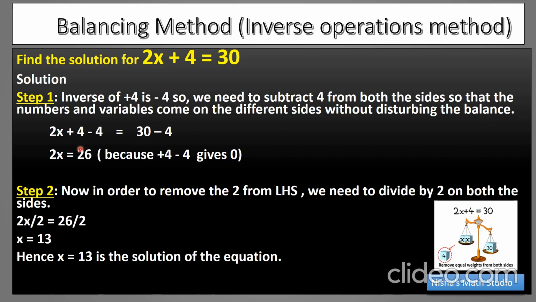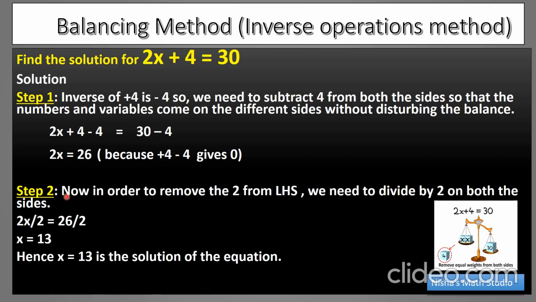That is, 2x plus 4, which was already given, minus 4, this is what I have added to the left hand side, is equal to 30 minus 4. The minus 4 is to be subtracted here also. Now, plus 4 minus 4 get cancelled. 2x remains here. 30 minus 4 will give you 26. This is the end of step 1.